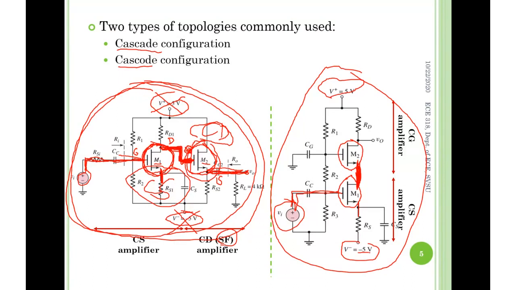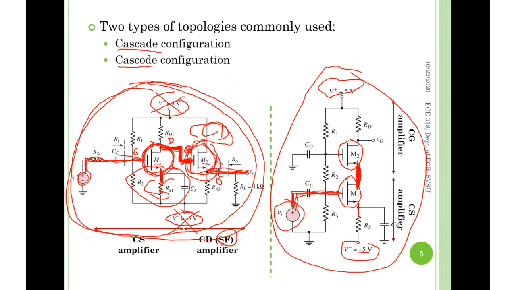So what? We do not care about what is connecting to what. We follow the principle: the input is at the gate. Output is the connection with the next stage, which is the drain. The left terminal is the common terminal, connected to ground or to a power supply. Doesn't matter. It's common source.